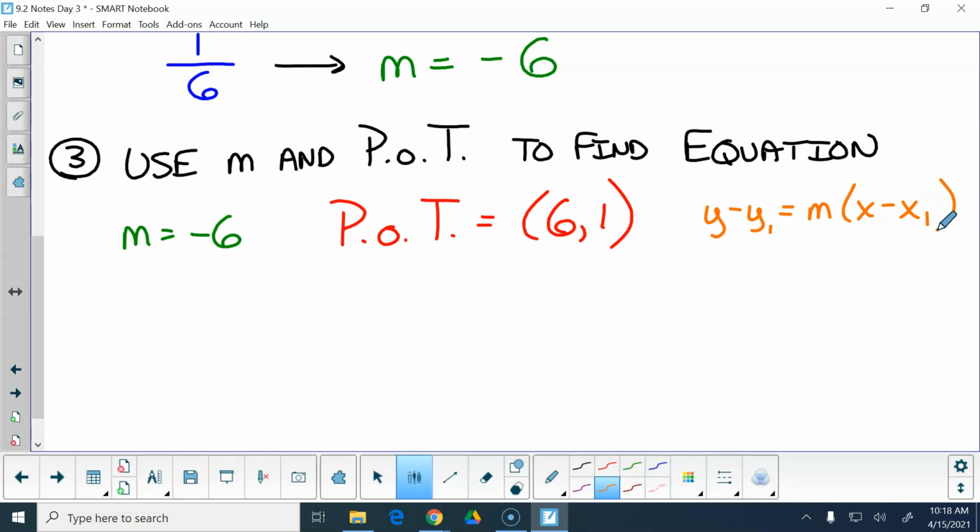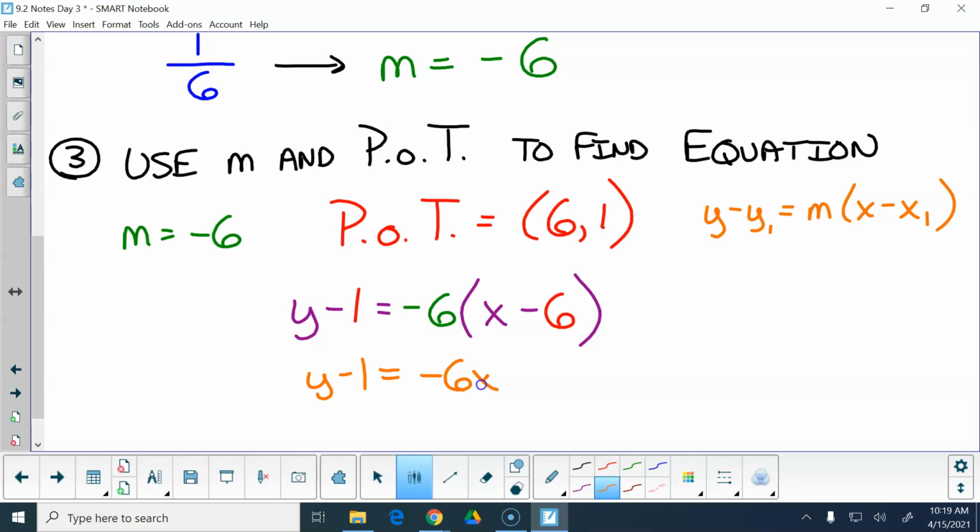So this is going to be y minus 1 equals negative 6 times the quantity x minus 6. Y minus 1 equals negative 6x plus 36.